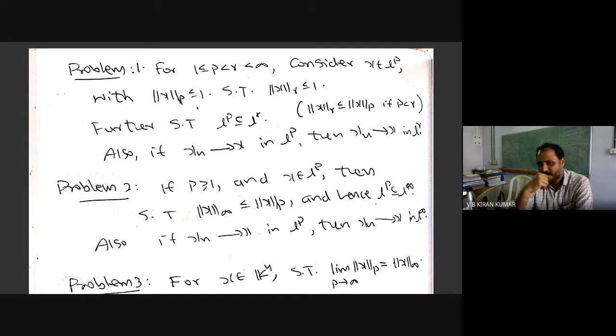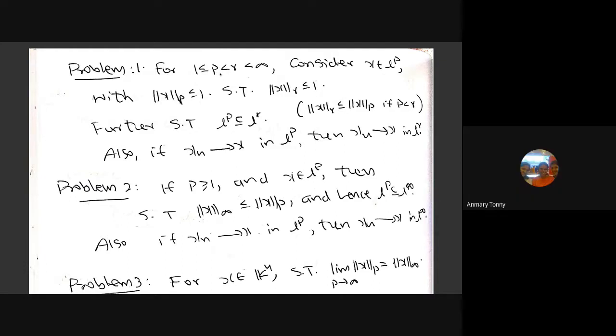Therefore, what happens? See, p is less than r. |x_j|^p is less than 1, so |x_j| is less than 1 now. Therefore, if you increase the power to r, that will also be less than 1, right?